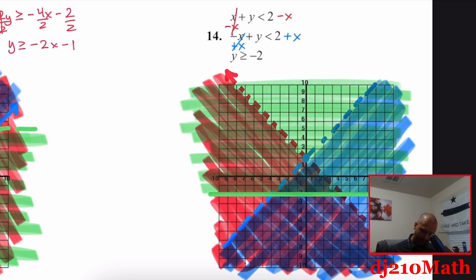And we see that the overlapping part is a triangle in the center, with 2 dotted lines and a solid line. So the solution is on the solid line and up to the dashed line, but not including the dashed line. So something like this. All right, there's the solution.